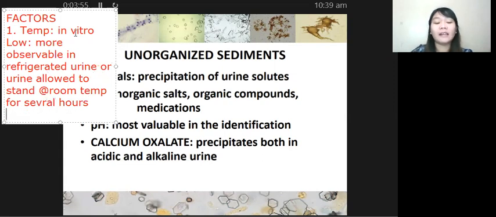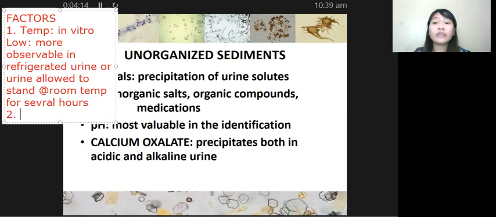Okay? So that is the first factor that we have to consider. Kaya nga 'di ba, doon sa ating recommended sample for your microscopic examination, ano ang recommended? Fresh.